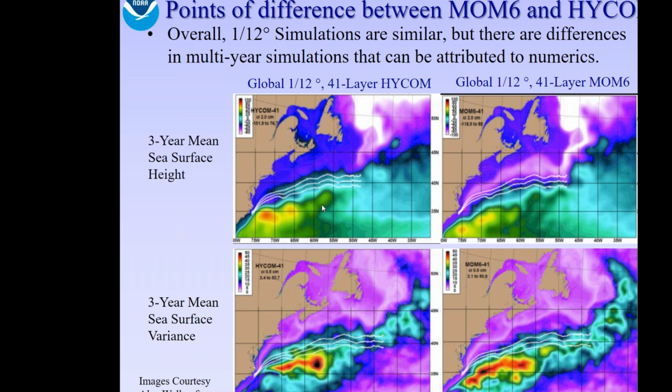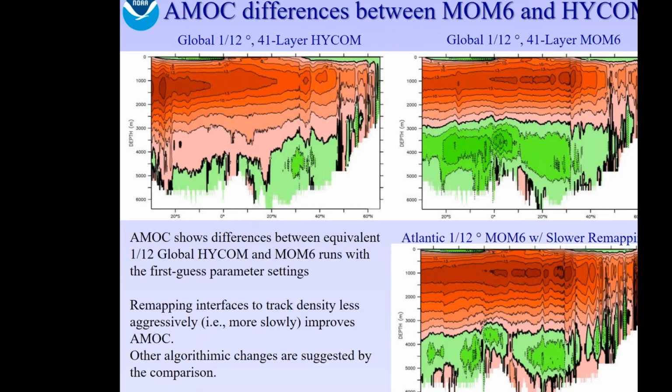And these are things that we're increasingly able to attribute to specific aspects of the numerics of the different models, and then by mixing and matching, we expect to be able to come up with something that has the best of both of them.